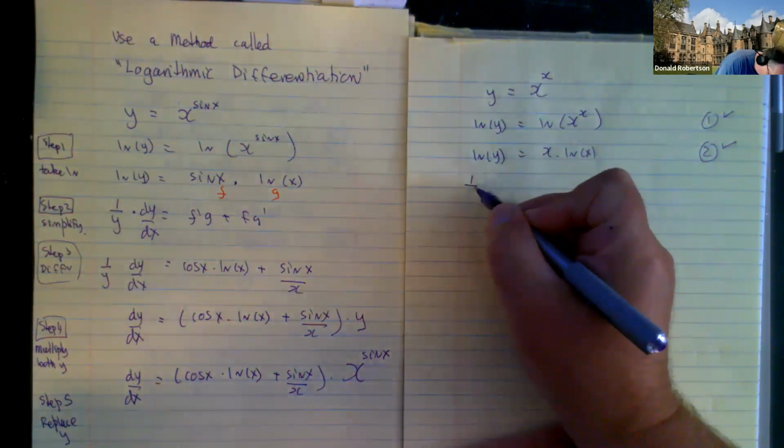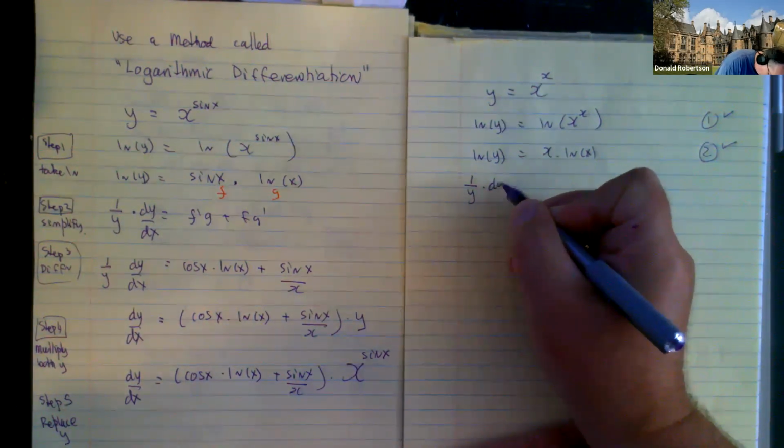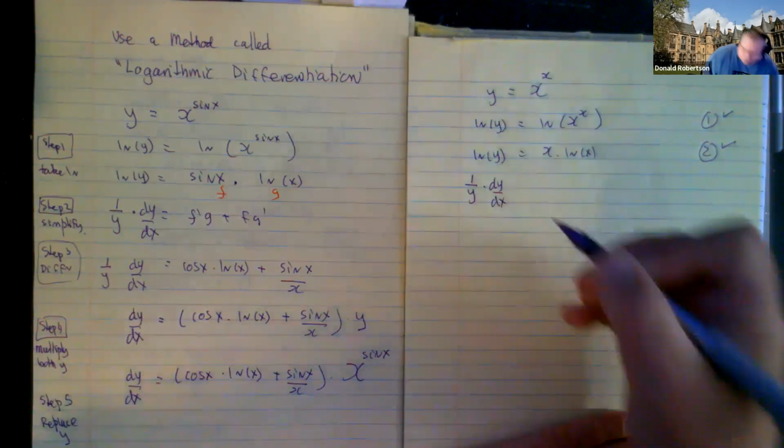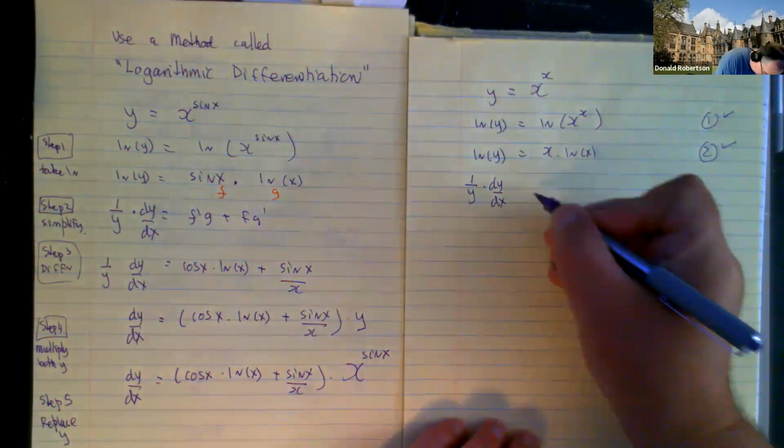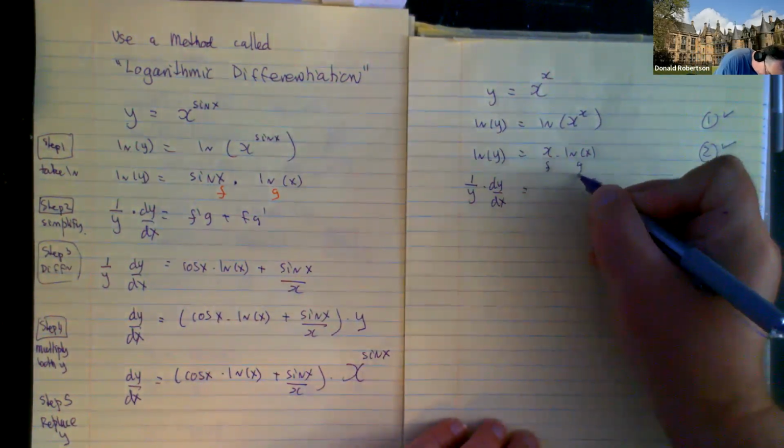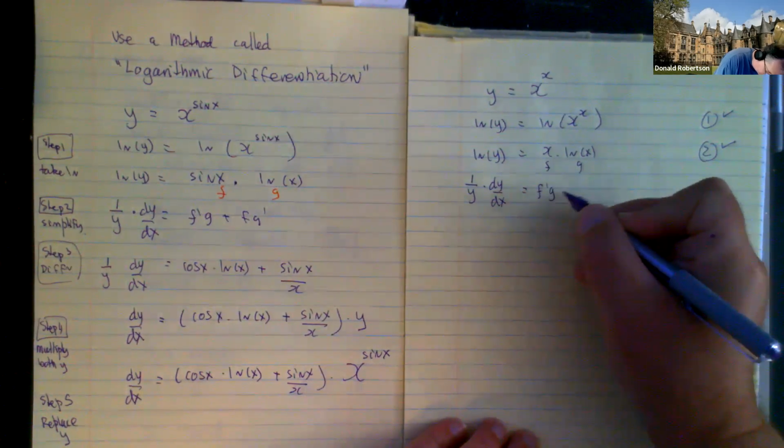Differentiate log y, you get 1 over y dy by dx. In fact, aren't you always going to get 1 over y dy by dx in this type of process? And would you agree that this is a product rule?